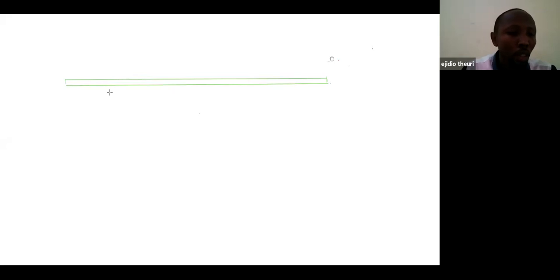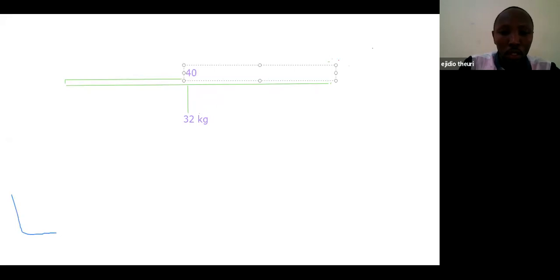Our rod is 80 centimeters of mass 3.2 kgs. Ukisikia 3.2 kgs, there's something you're supposed to know, that the mass is uniform. Therefore, our mass is exactly at the center. Then that's the center at 40 centimeters.